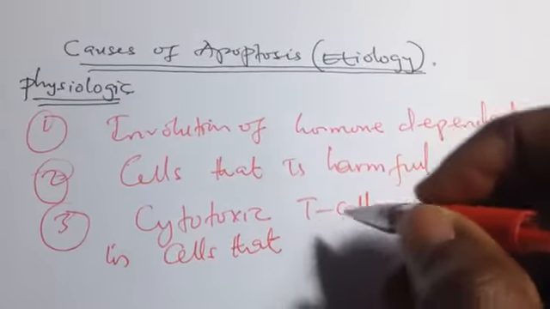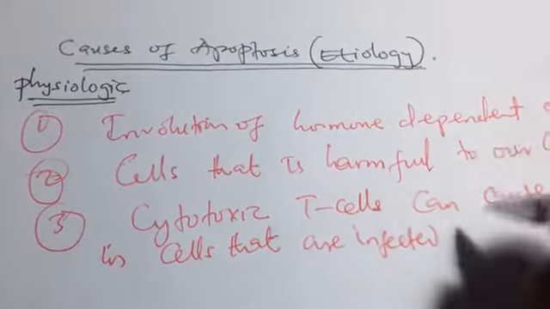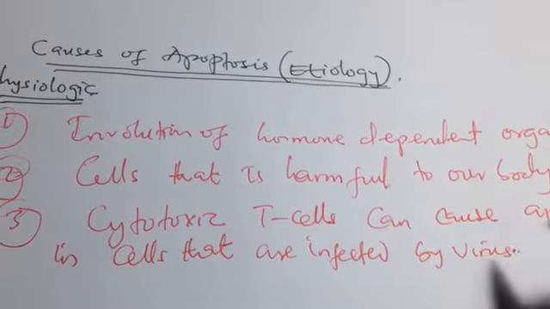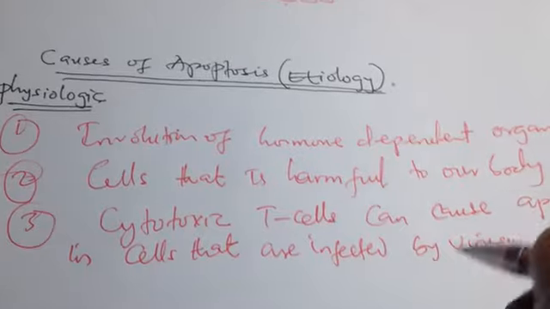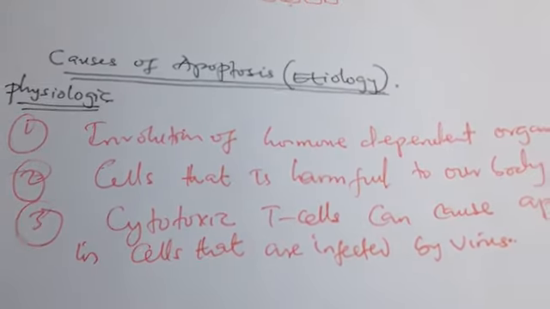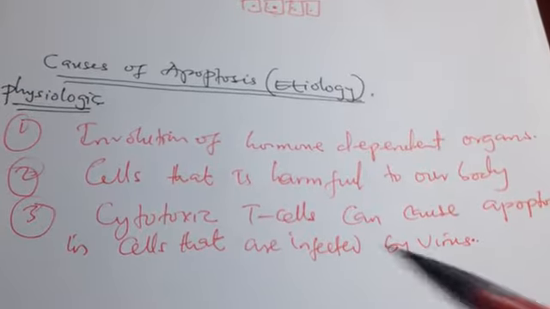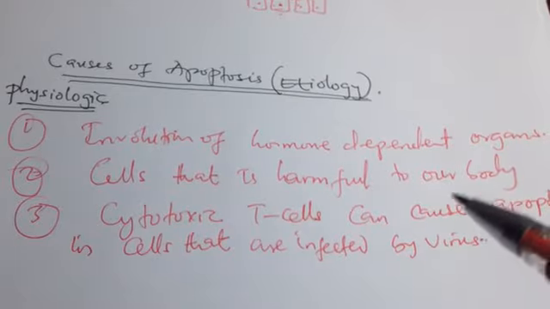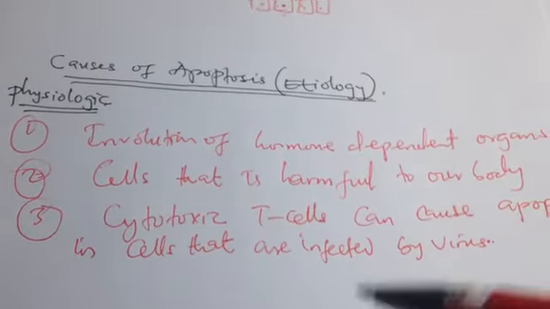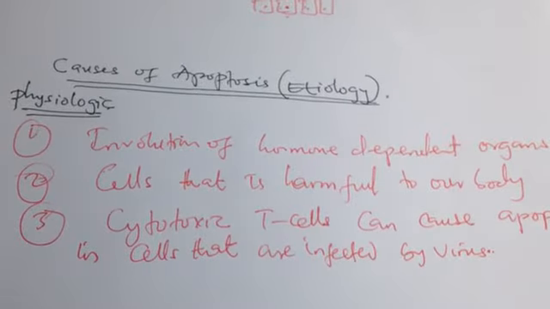When a virus wants to attack a cell, the virus enters into the cell and uses the cell's own machinery to manufacture its own protein, right? And it will replicate itself. So the moment the virus enters into the cell, the cytotoxic T cell will induce apoptosis in that particular cell. Then the virus is eliminated together with the cell. So this is also another important cause, right?